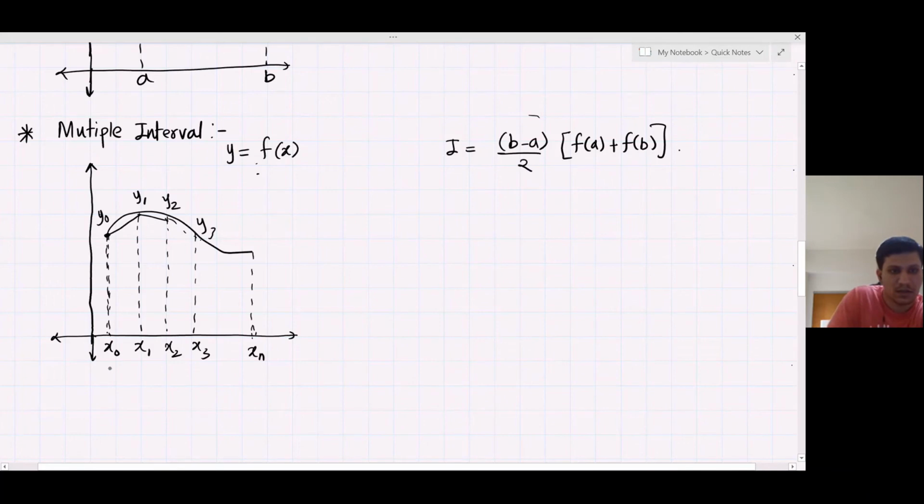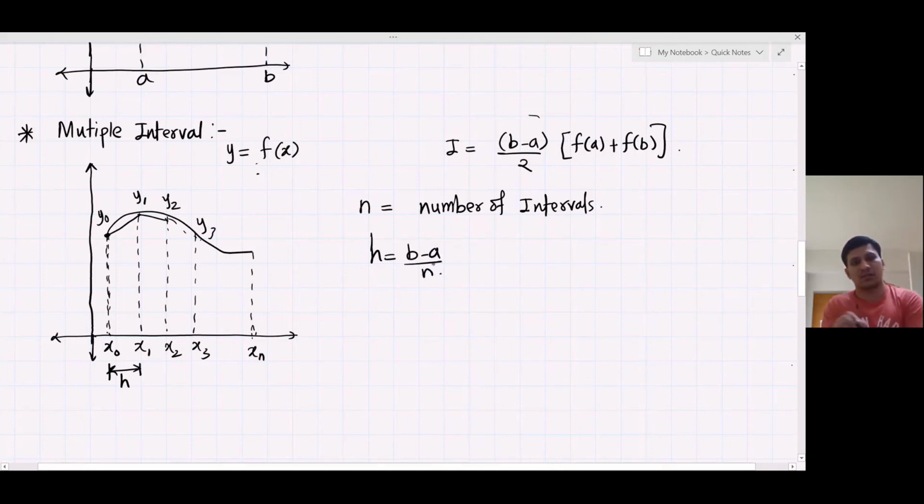We denote this by h. So when n is the number of intervals, h is equal to (b minus a) by n.